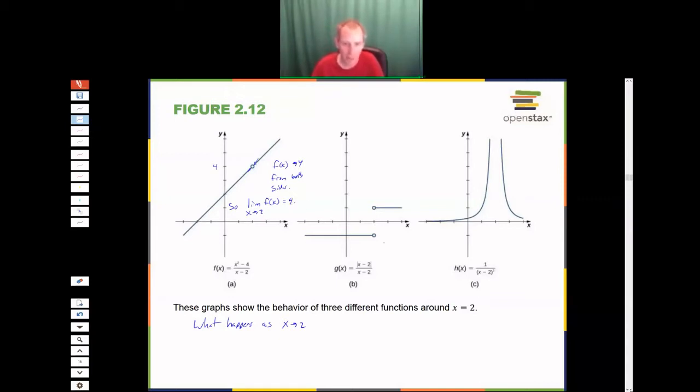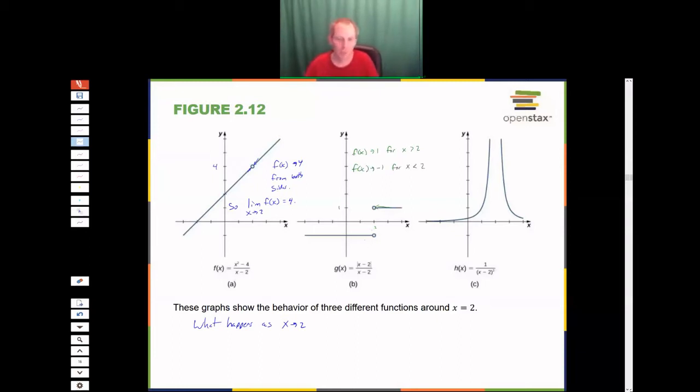If I look at the next graph, as my x values approach 2 from the right, as my x values are bigger, then I have a y value of 1. So f of x approaches 1 for x greater than 2, but f of x approaches negative 1 for x less than 2.